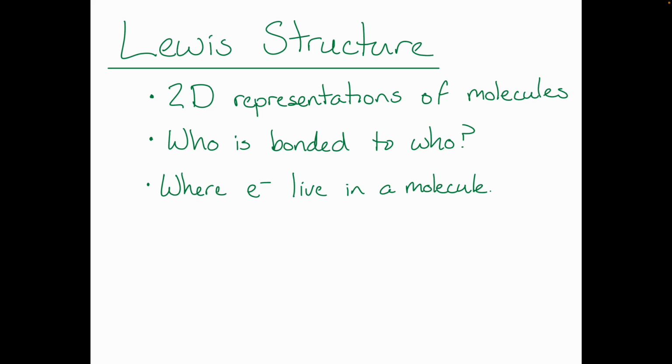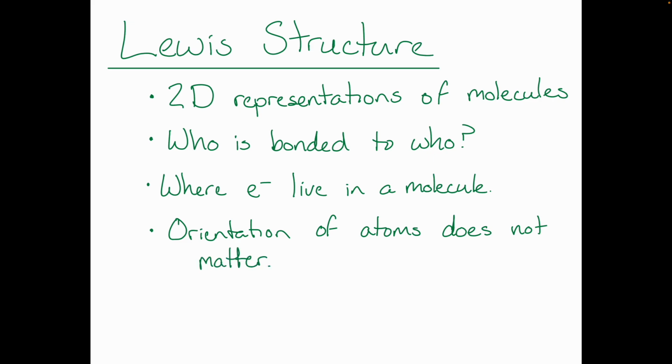Importantly, these are 2D representations of molecules, which are in fact three-dimensional objects, right? So they're not exactly a perfect descriptor of the shape of that molecule. We will talk about shape, but we're not there when we're doing Lewis structures. So importantly, the orientation of your atoms does not matter.